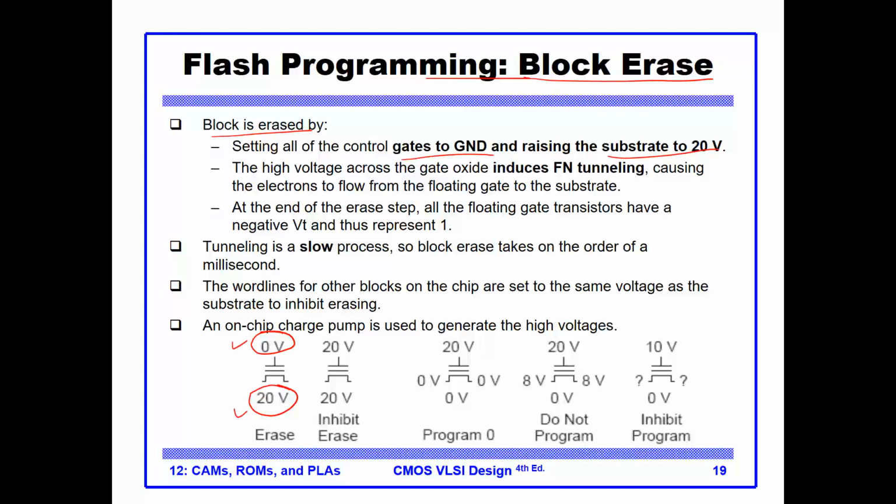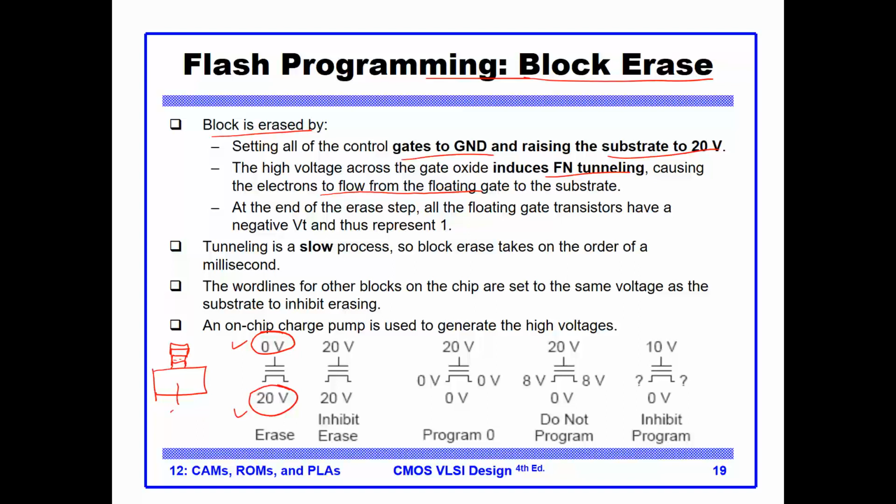And this high voltage across the gate oxide induces tunneling, which causes electrons to flow from the floating gate to the substrate. Here is the floating gate, and here are the electrons, which are trapped.